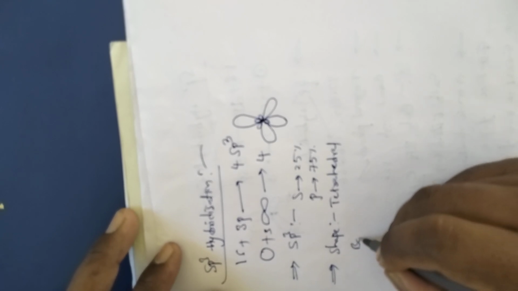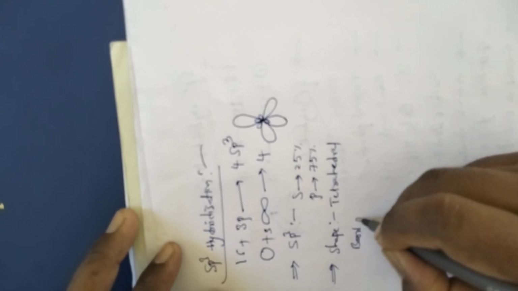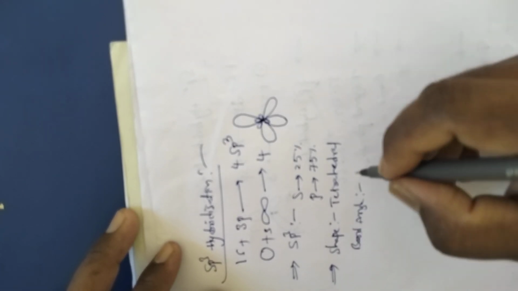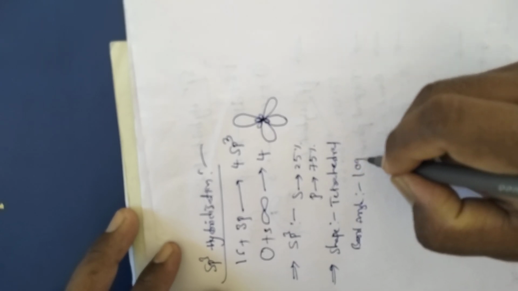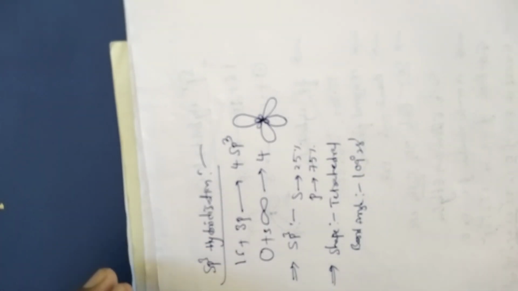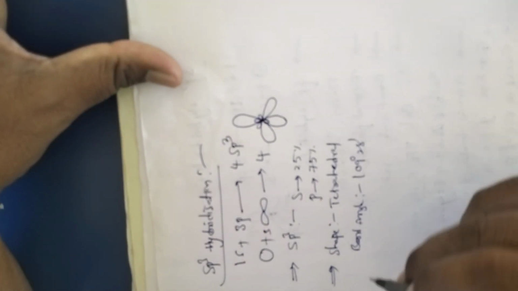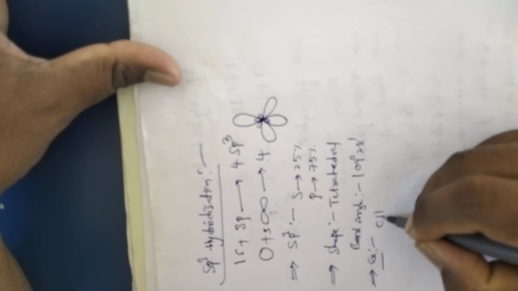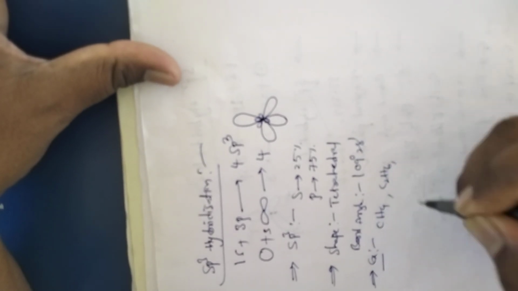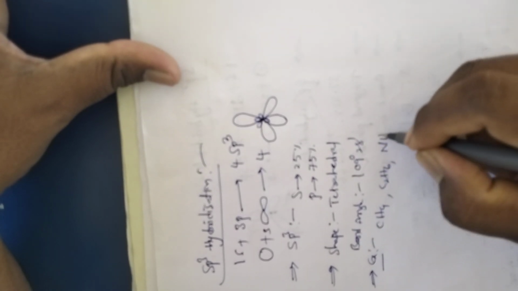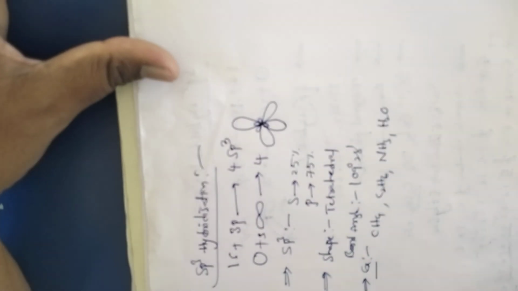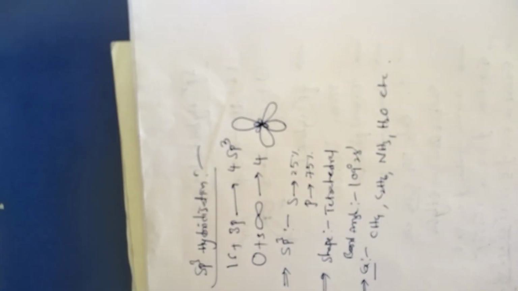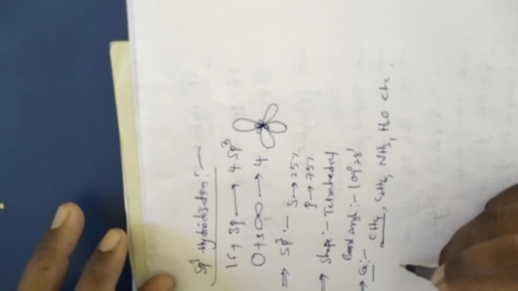The bond angle of sp3 hybridization is 109 degrees 28 minutes. Here I am taking examples: CH4, C2H6, NH3, H2O, etc. Now I am taking the example of the CH4 molecule.